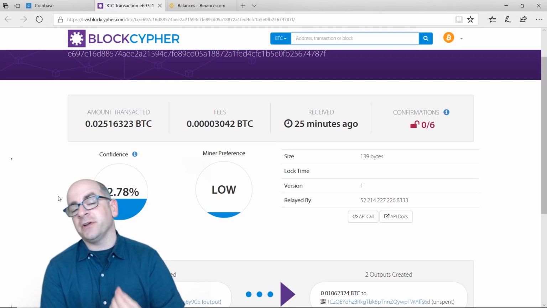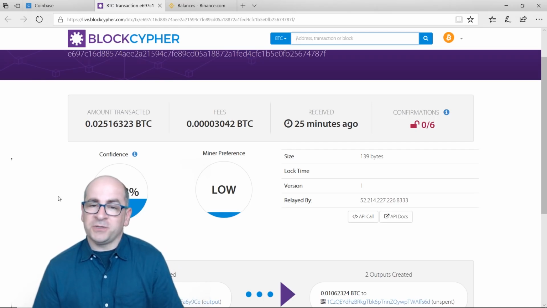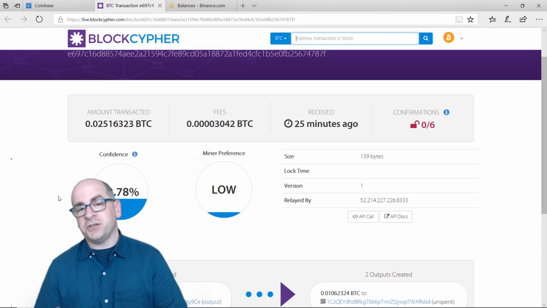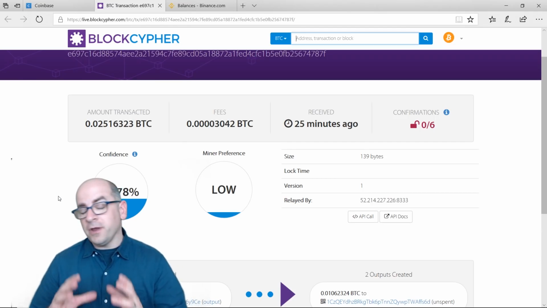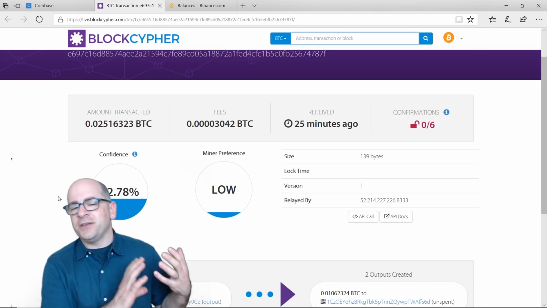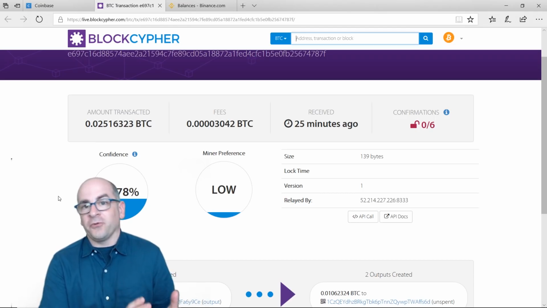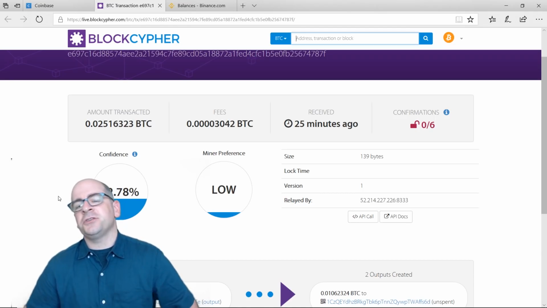Now, if you have no rush whatsoever to send the money to your exchange and you're not really caring about missing out on buying a certain coin, or you're just starting out, then sure, use GDAX to send your Bitcoin or Ethereum for free to your Binance account, or any exchange for that matter.